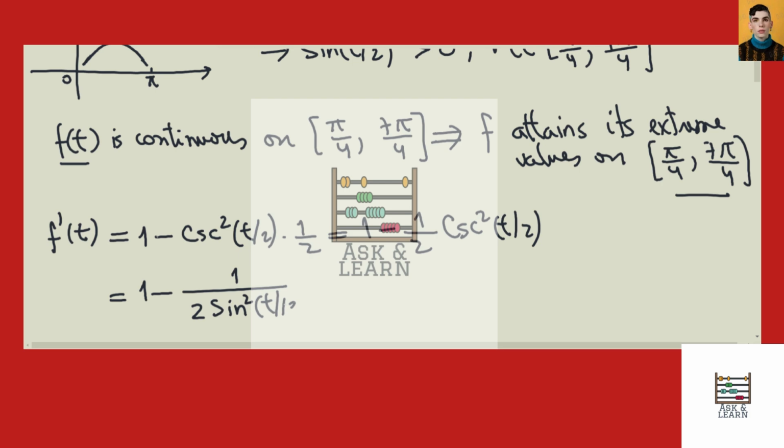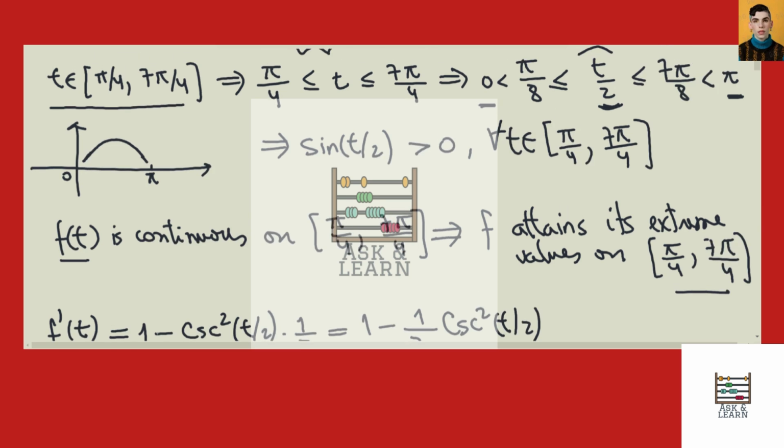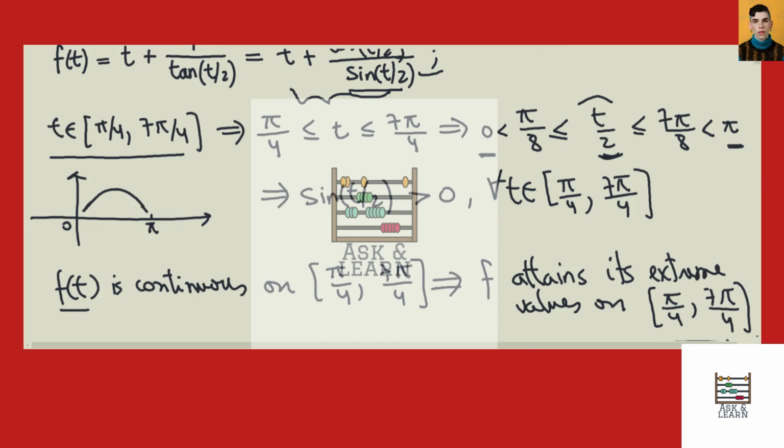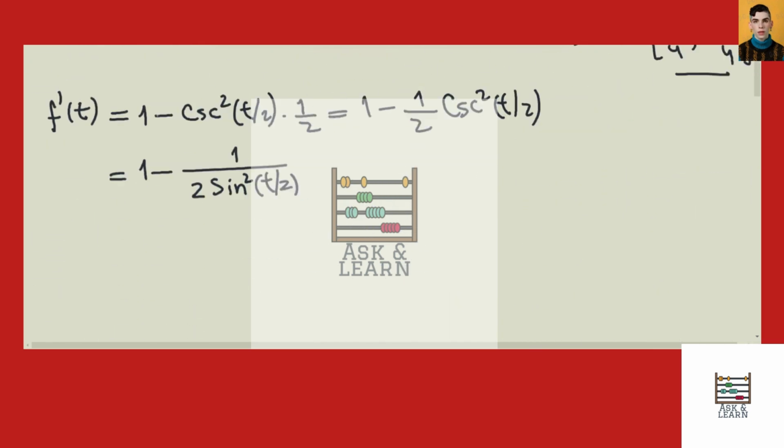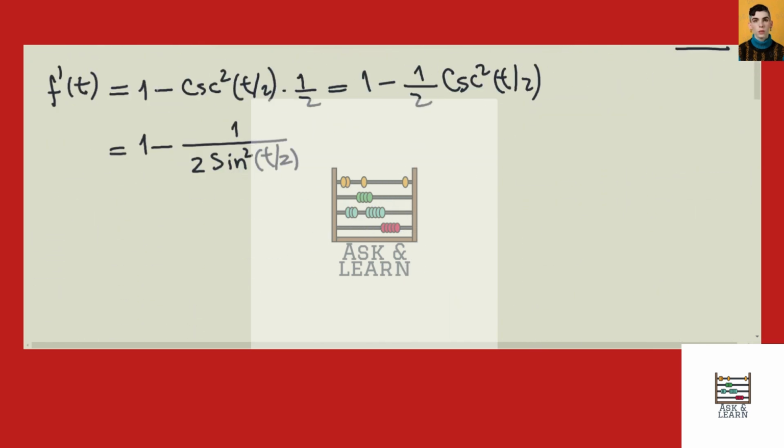And we know already, as we said before, this expression sine of t half is never 0 for t belonging to the interval pi fourth to 7 pi fourth. That's what we see here. And for that same reason, this derivative exists for every value of t in the interval pi fourth, 7 pi fourth.